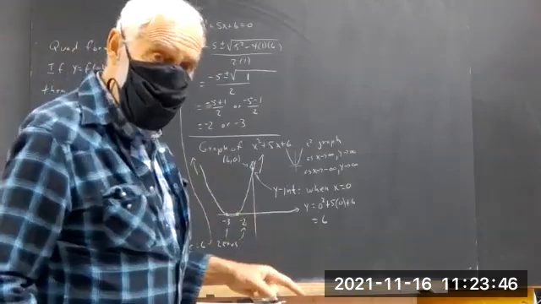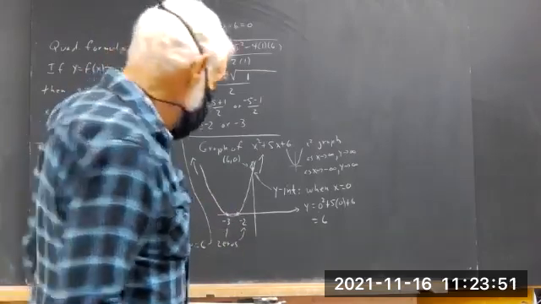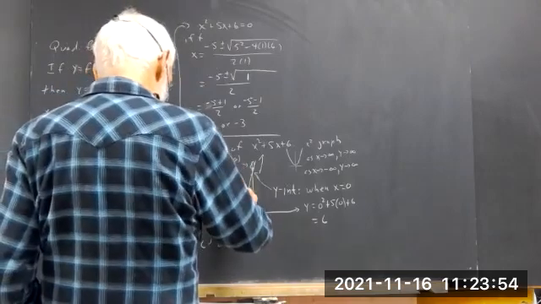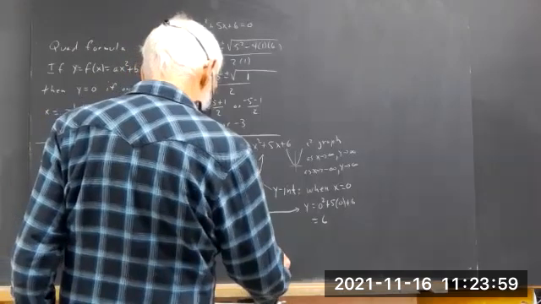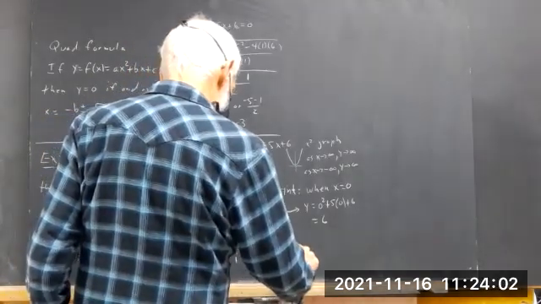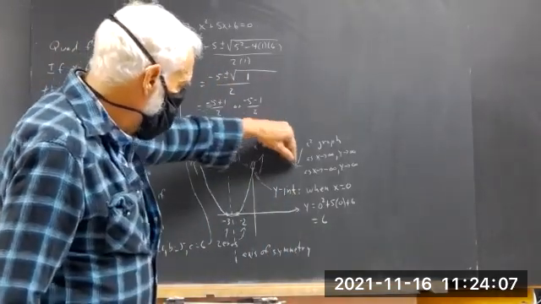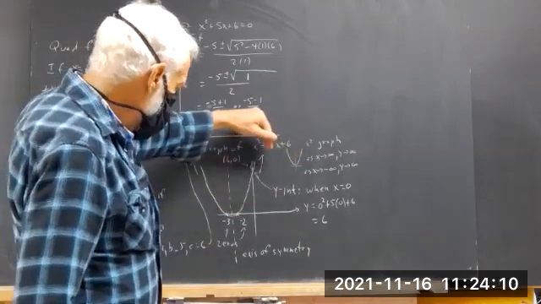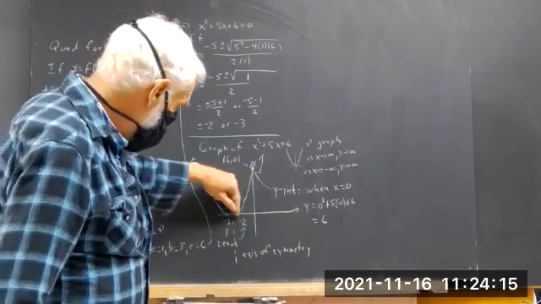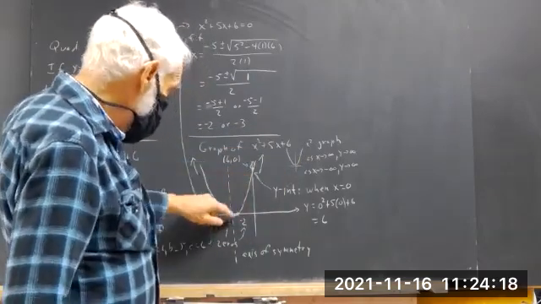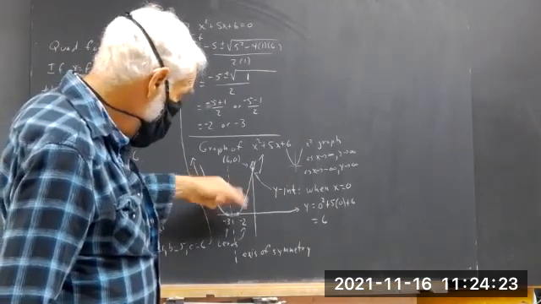The vertex of the graph occurs halfway between the zeros. Now, this function is just your x squared function, shifted to the left and shifted down a little bit. You take the basic x squared function and you shift it 2.5 units to the left, halfway between the zeros here, and a little bit down, and you have the vertex.